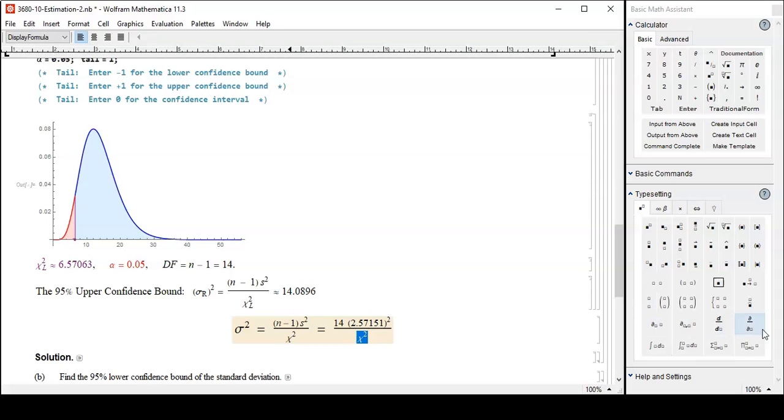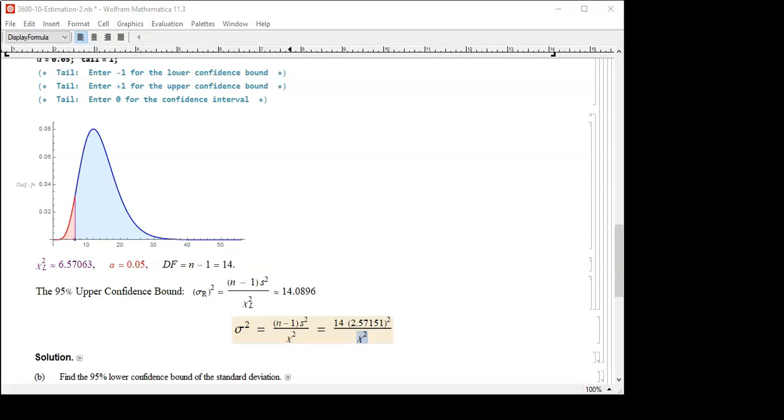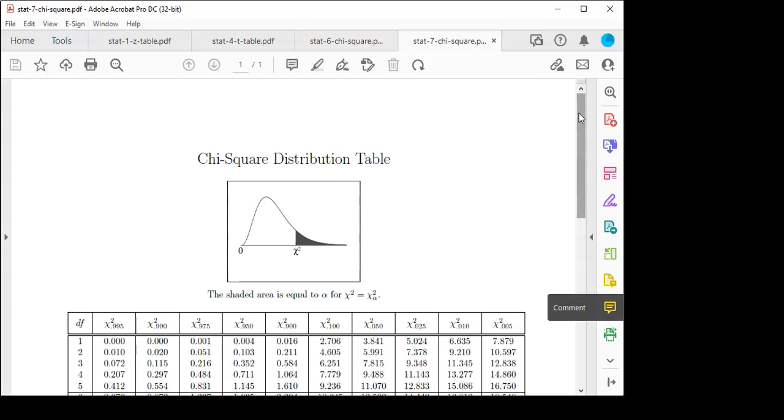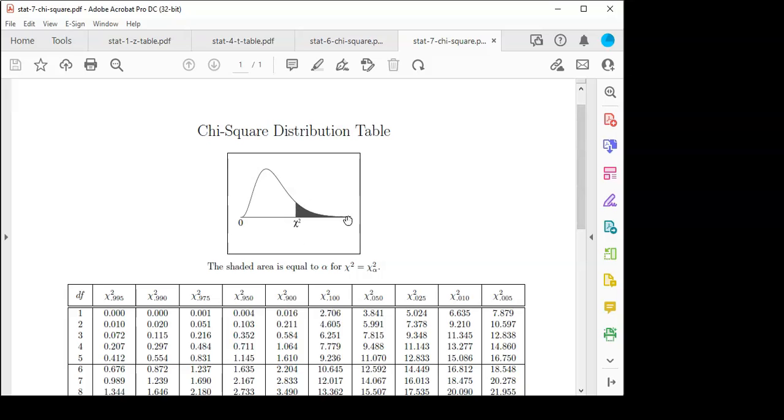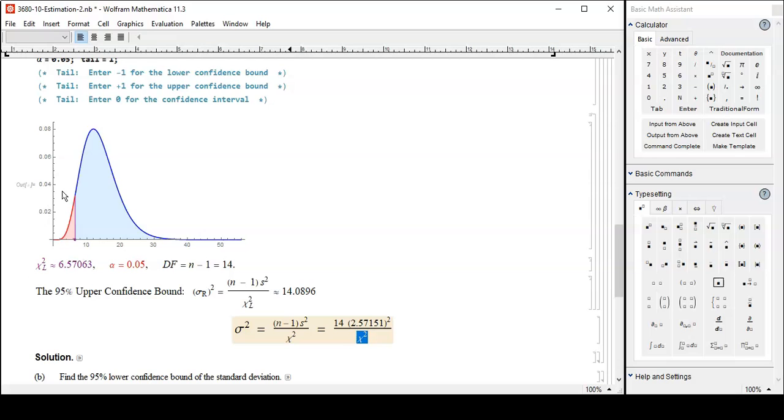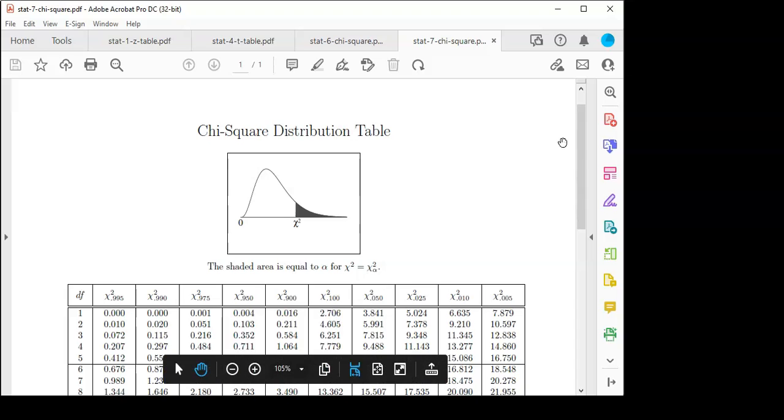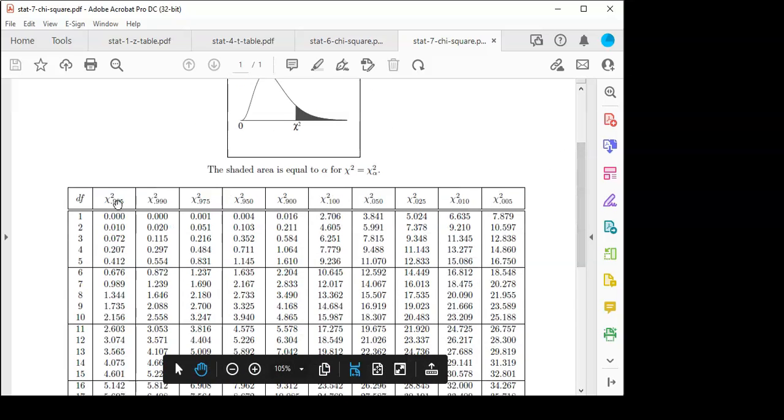Okay, where is your chi-square table? Let's go to the chi-square table. Here is a chi-square table. Shading is to the right. But here I want shading to the left. So 5% shading here, which means 95% shading to the right. All right? Let's go to that table. 95%, where is it?